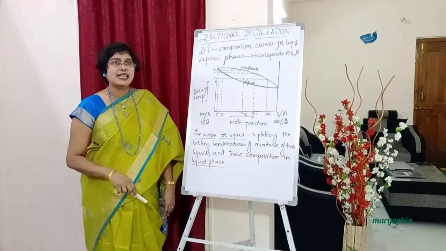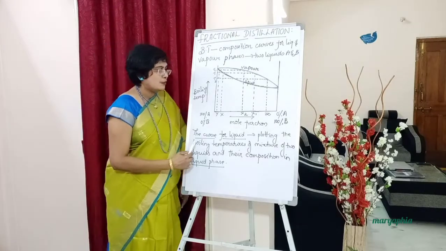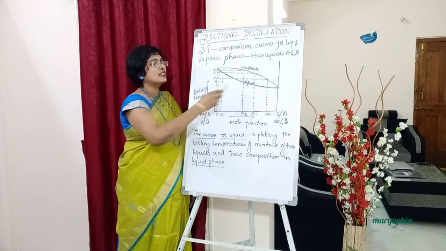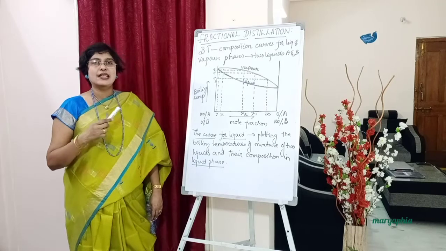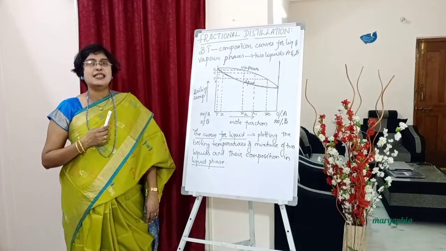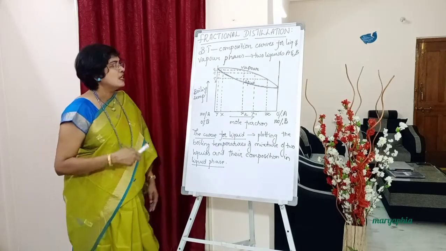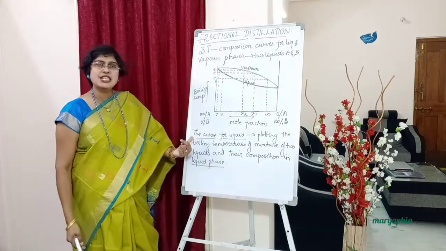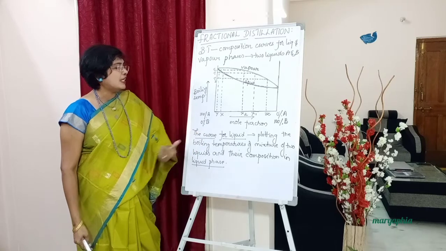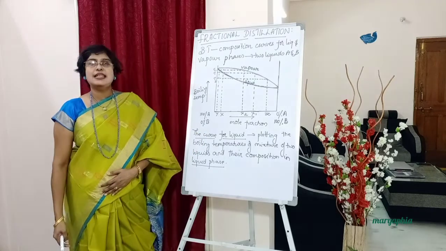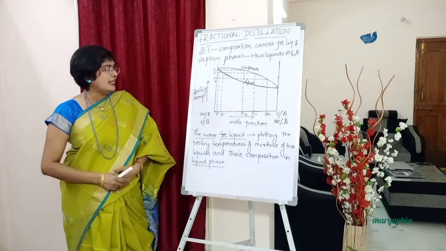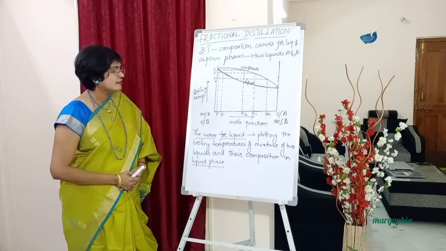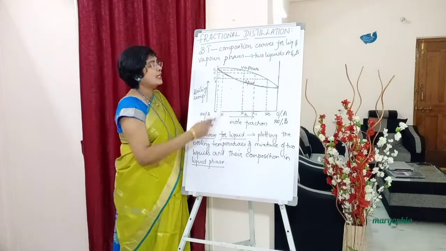After completing the diagram, below write down: there are two curves now. One is the curve for vapor phase and the other is the curve for liquid phase. So how are these two curves obtained? Below I have mentioned, write down: the curve for liquid, that means this one.